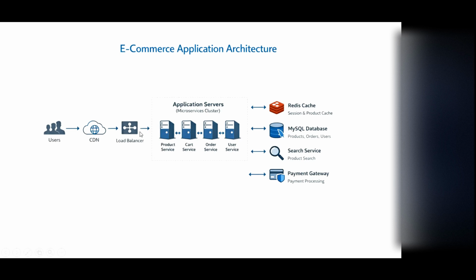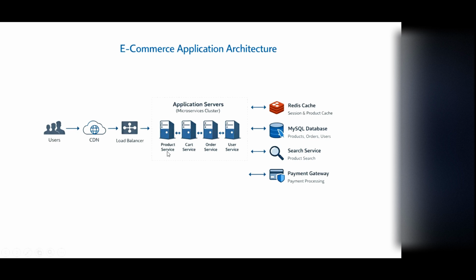As we are searching for the product, the load balancer will distribute that request to the specific service. If you observe the application servers here, this is a microservices cluster.